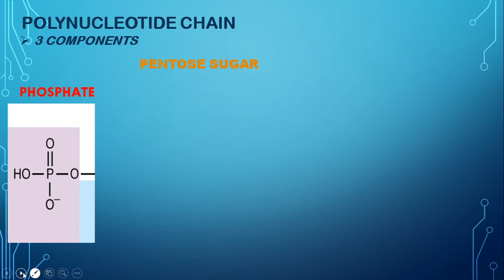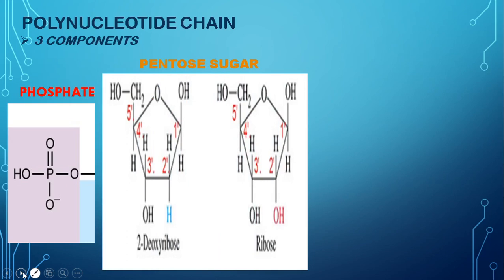The second component is pentose sugar, on which we have to focus mainly. Pentose sugar is a 5-carbon compound, and here the carbons are marked. Here we have the ribose structure and this is the deoxyribose structure. So the sugar can be ribose or deoxyribose. In ribose, all the valencies of the carbons are fully occupied.